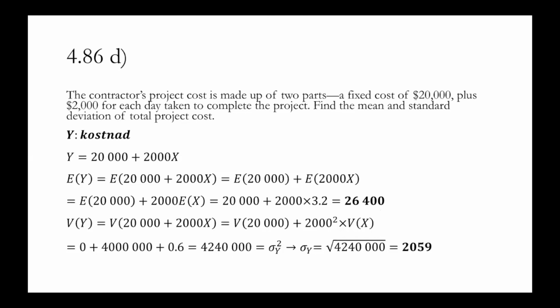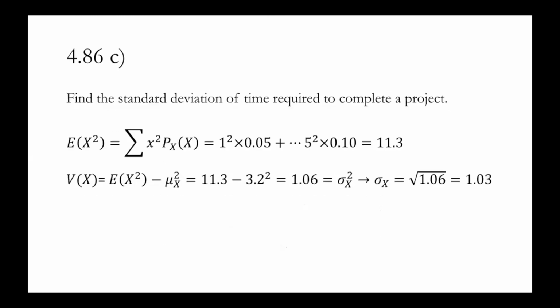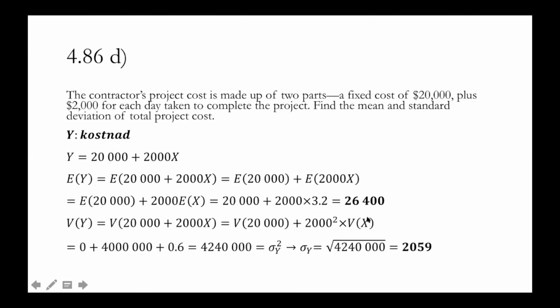The variance of x we calculated here, and it's equal to 1.06. So we plug it in here, 2,000 to the power of 2 times... this is not right.